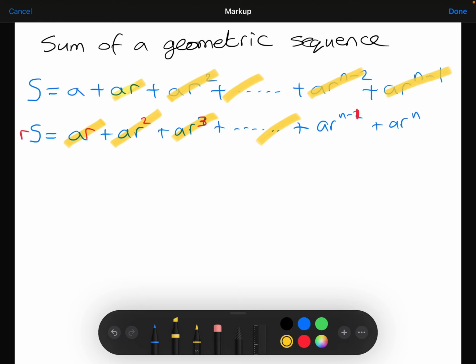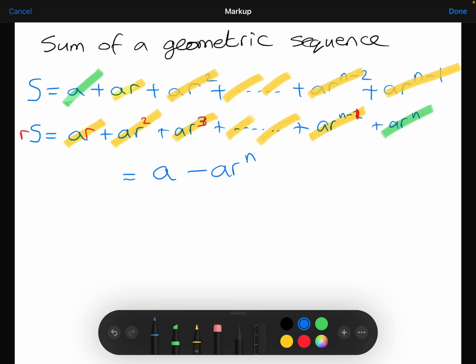The AR to the n minus 1 subtract AR to the n minus 1 would cancel out. So everything cancels out, including all of these dots in the middle. The only thing that would be left is the A minus the AR to the power n. So on the right hand side here, I'm just left with A minus AR to the power n.